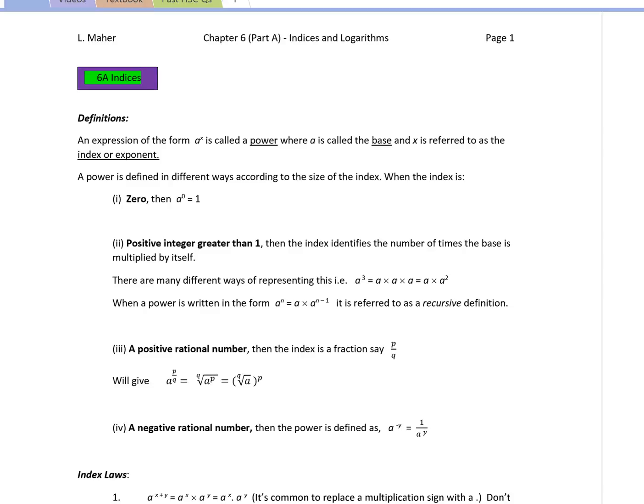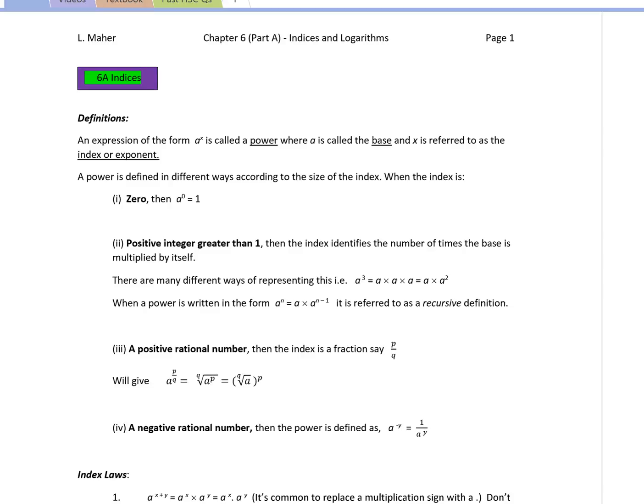Any expression of the form a to the x is called a power, where a is called the base. It's really important. I'm not sure how much emphasis may have been given prior in maybe stage 5 to identifying aspects of terms, but you're going to hear me talk about the base, and if you aren't familiar with what aspect of a term the base actually is, then you're missing some important information. x is referred to as the index or the exponent.